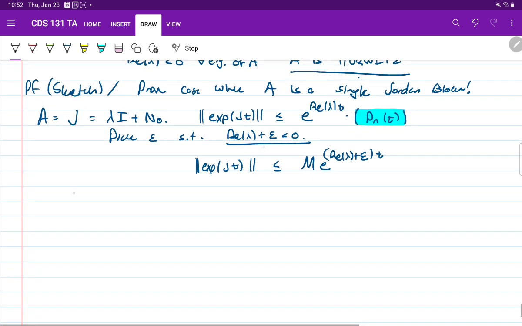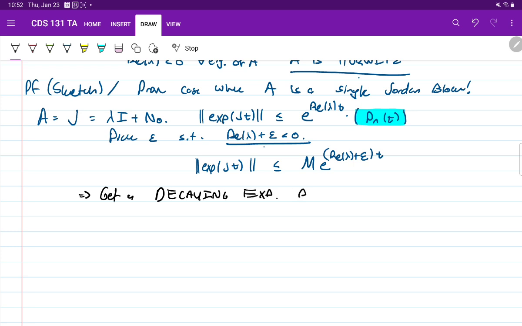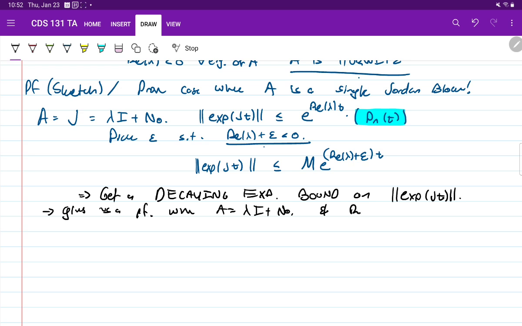The consequence of this is that we get a decaying exponential bound on the norm of exp of Jt, because this real part of lambda plus epsilon is still going to be less than 0. So this gives us a proof where A equals lambda I plus N naught, and the real part of lambda is less than 0. Based on our argument from earlier, this tells us that we get global exponential stability.